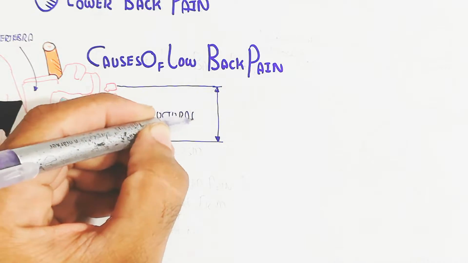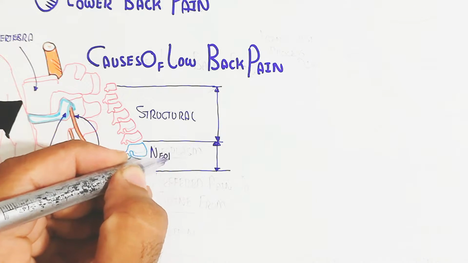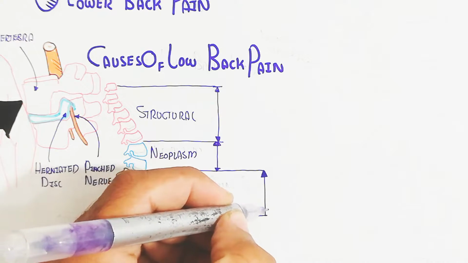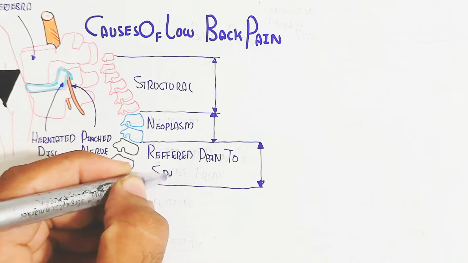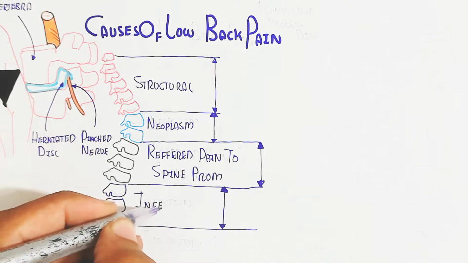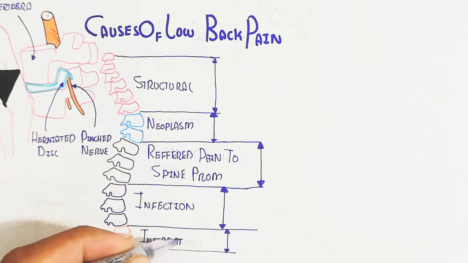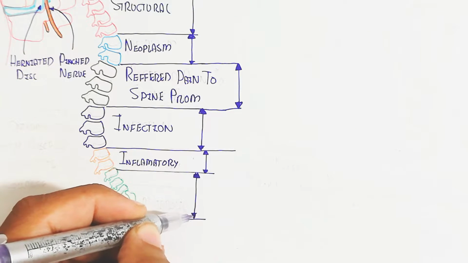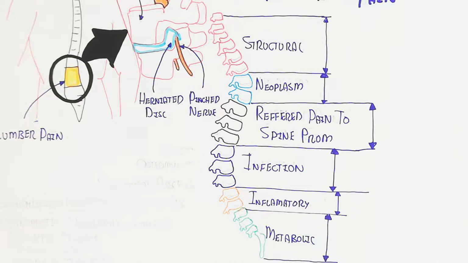So this is structural. Here six vertebrae are involved in the pain, while neoplasmic pain involves the two vertebrae lower than the structural, and referred pain to the spine involves three vertebrae, while infection involves a further three vertebrae, and inflammatory involves the two lower than the infection site and three vertebrae, and metabolic is also involved.